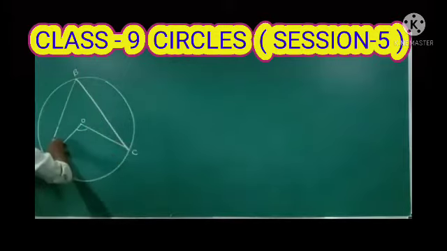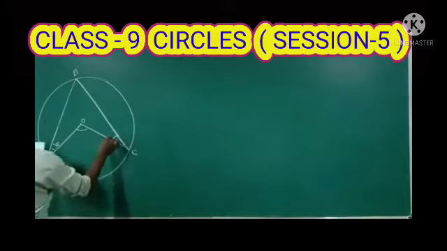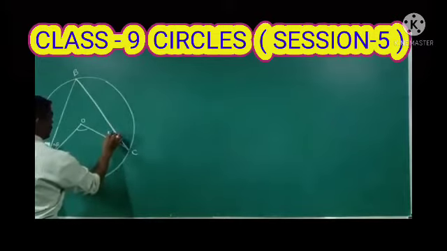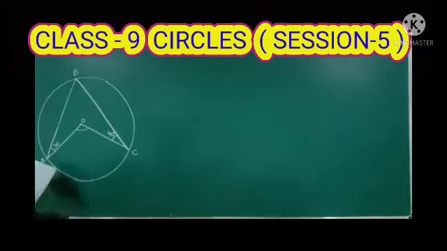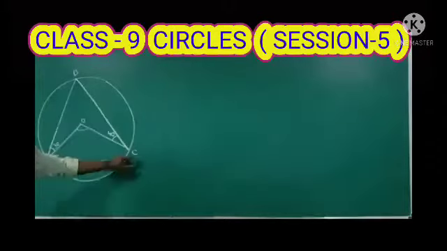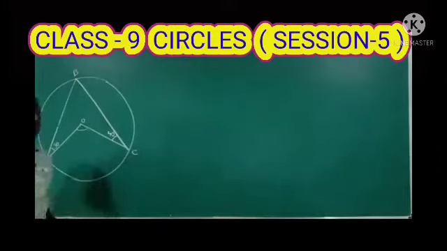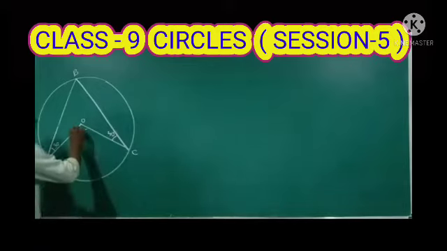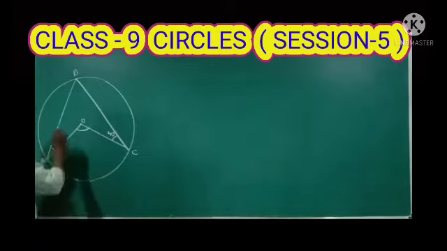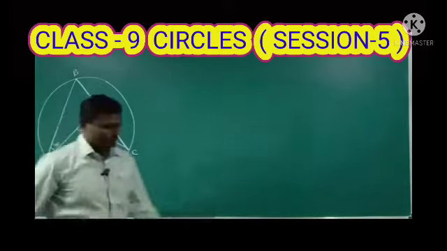Angle OAB is 30 degrees, angle OCB is equal to 40 degrees. You need to find the central angle AOC.